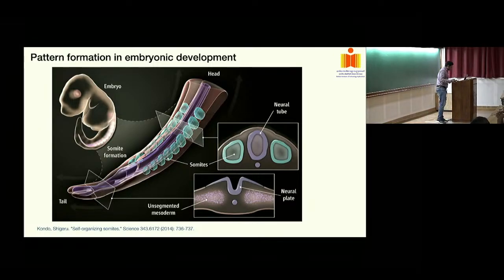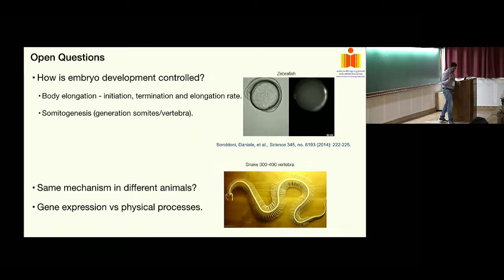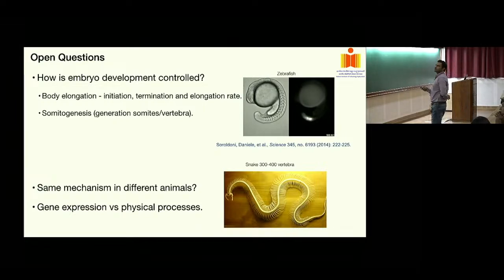Before I jump to the model and show any more movies, I would like to address the open questions. Of course we have some understanding, but we still do not understand very well what controls embryo development, for example body elongation and its initiation.